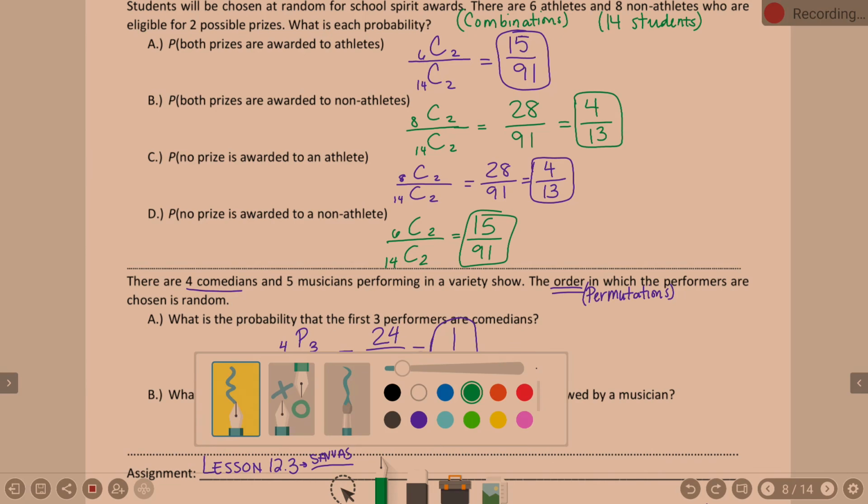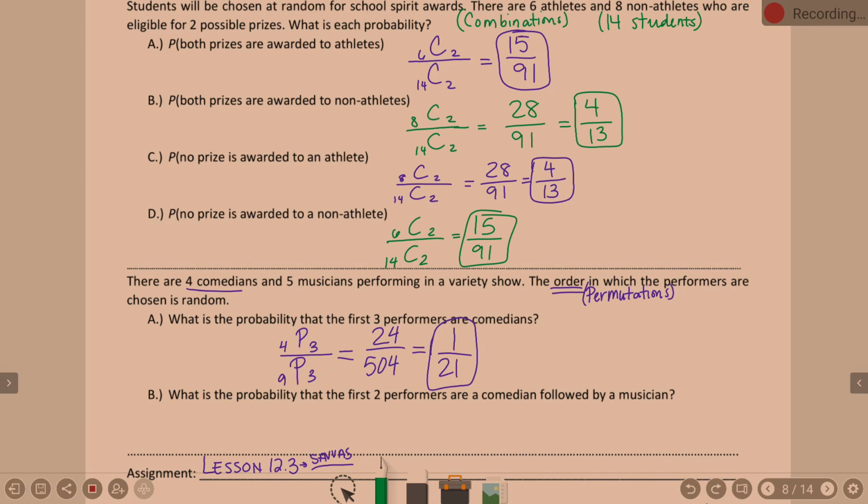I'm going to ask the same question I've been starting with all day. What goes in my denominator? How many is everybody? That is 9, and we're still trying to pick 3 positions, right? Because it's probability of comedian, comedian, musician. So 9P3.